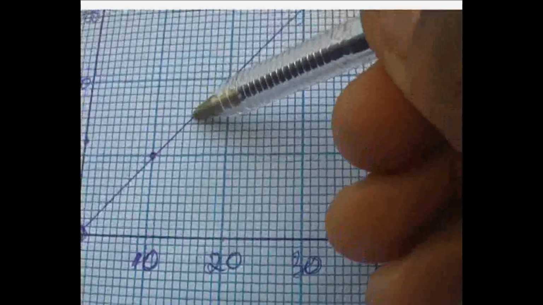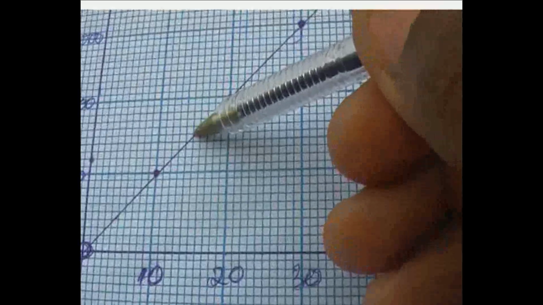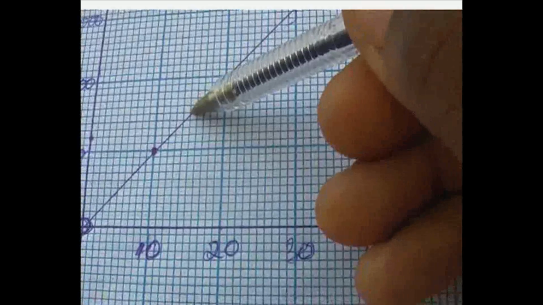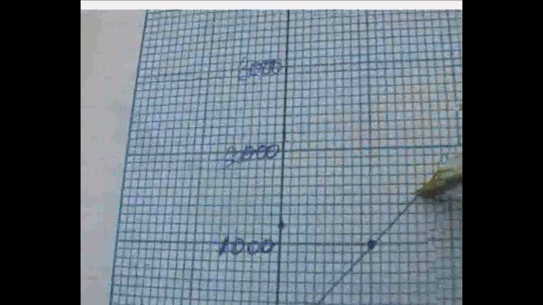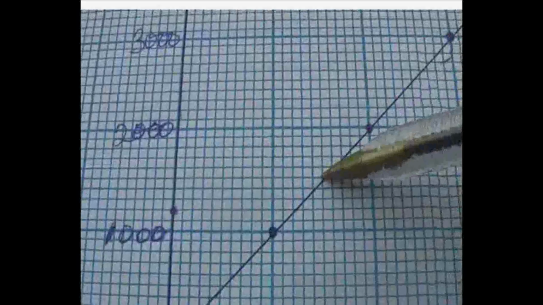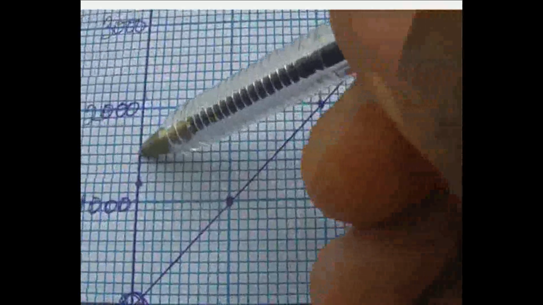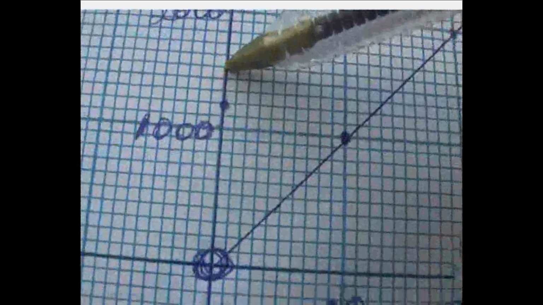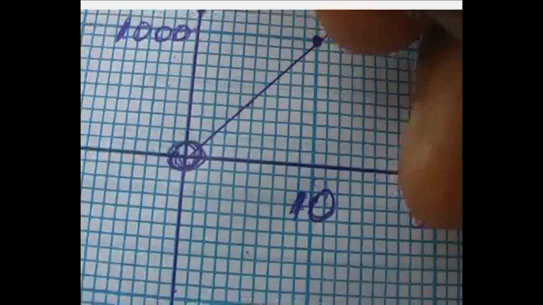Where it meets your line, trace the value towards the left to meet your axis. Trace it. It meets the axis here. So read the value you have here. Put a point here and read your value.